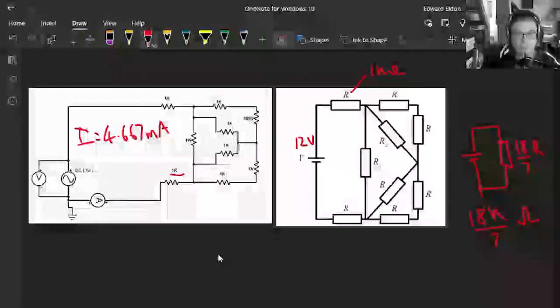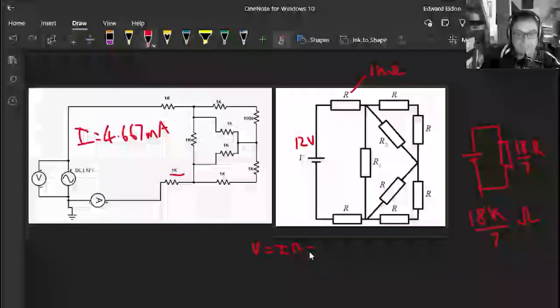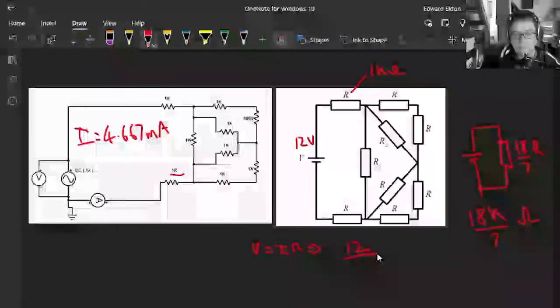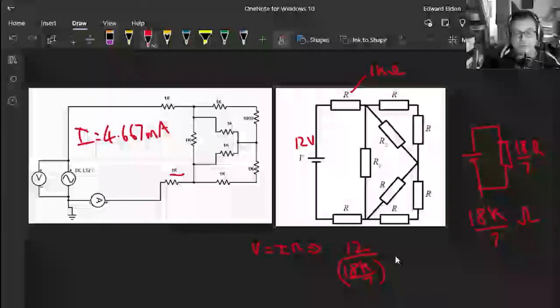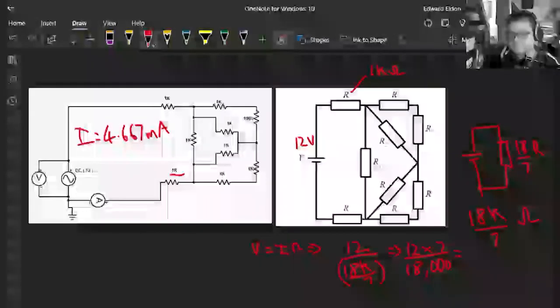So reaching for Ohm's law, we know that V equals IR, which implies that the current is going to be equal to the voltage divided by the resistance, and the voltage is 12 divided by 18,000 over 7. Or we could rewrite that as 12 times 7 over 18,000. So now it's time to reach for the calculator.